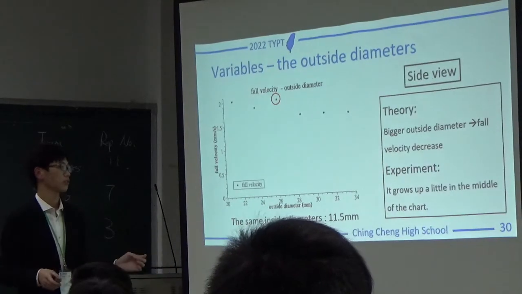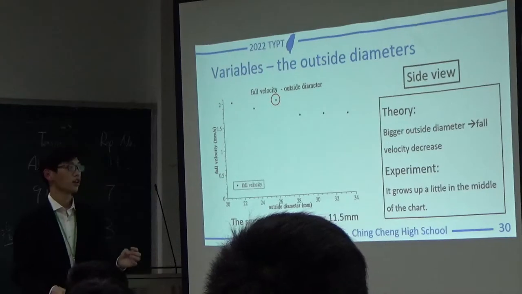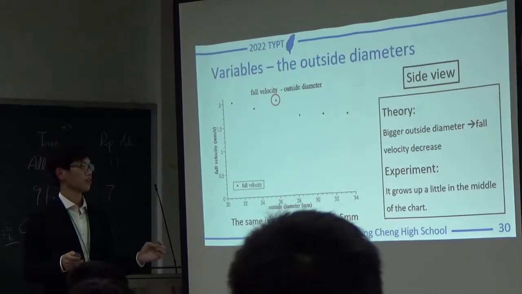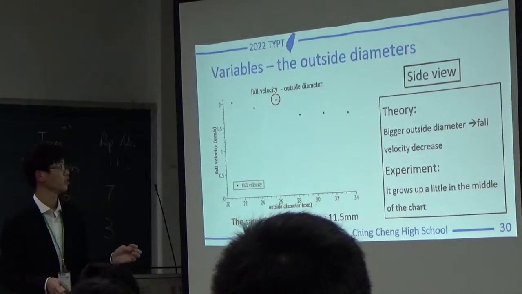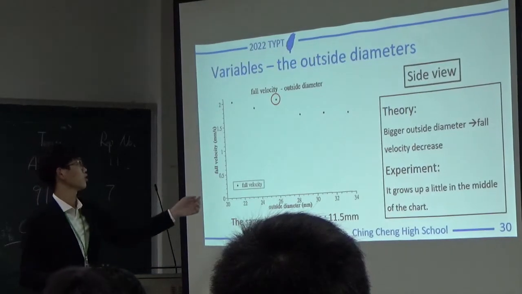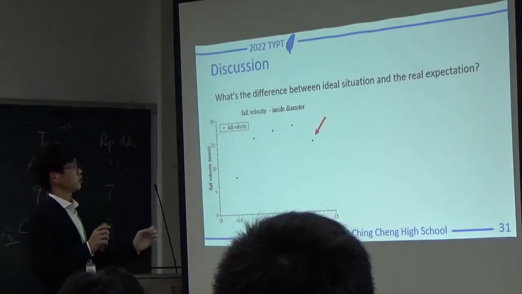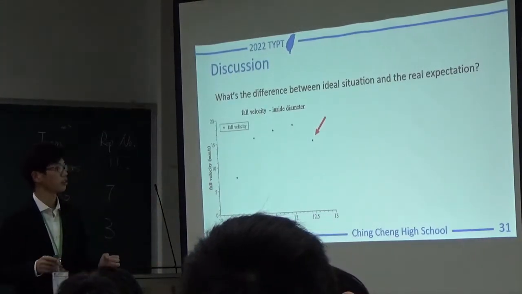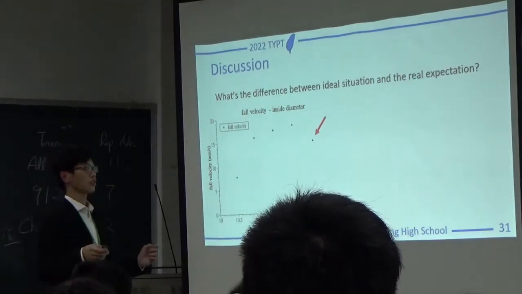Also from the side view, we can observe the falling velocity. In our theory, bigger outside diameter will let the falling velocities decrease. In our experiment, there's one data point which is different from the trend. And in our discussion, we talk about the difference between the ideal situation and the real condition.